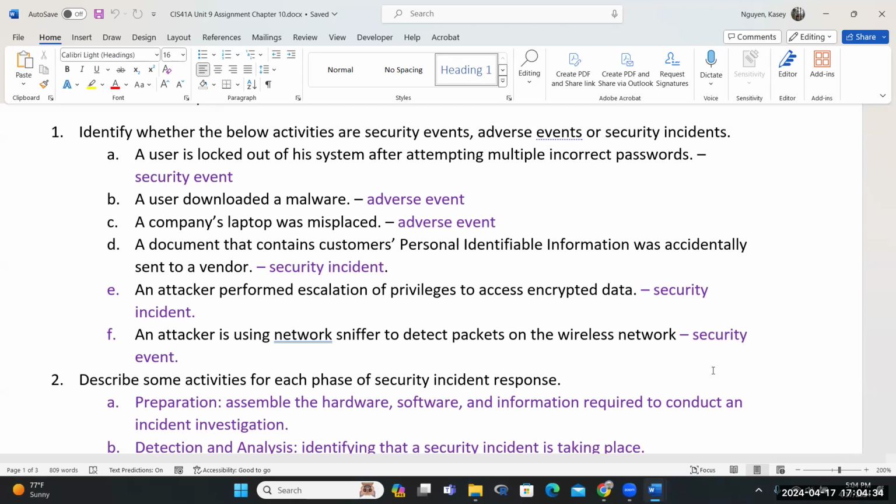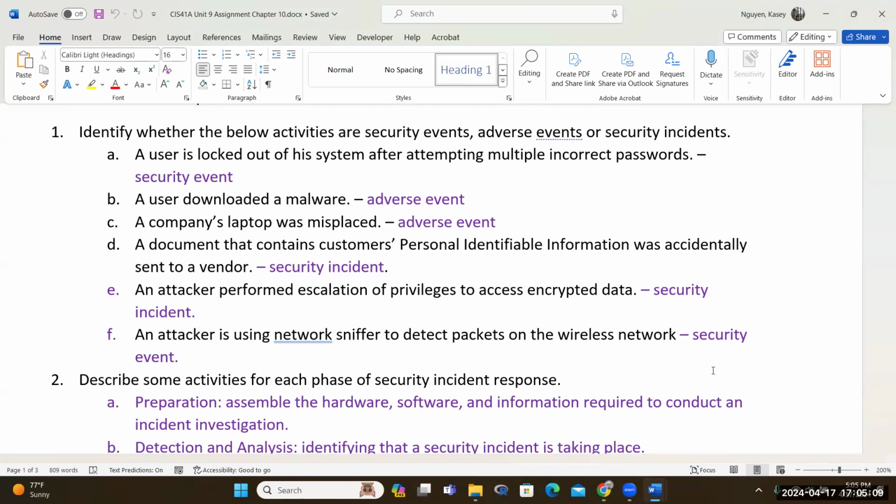If I'm attempting to install an application, but I don't have privilege, it's a security event, right? But then if I override that, like because the rule said that I can't install applications and I try to override it, I try to modify, add myself to another group so I can become more of a super user, then it becomes a security incident, okay? A violation or something that's imminent to cause a negative impact on the system.